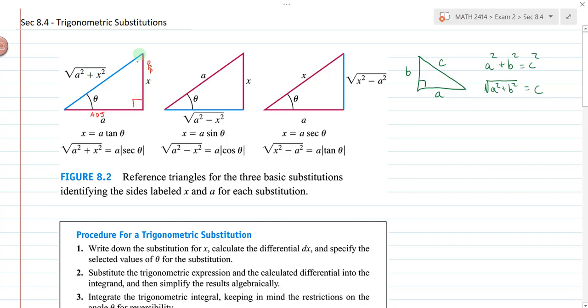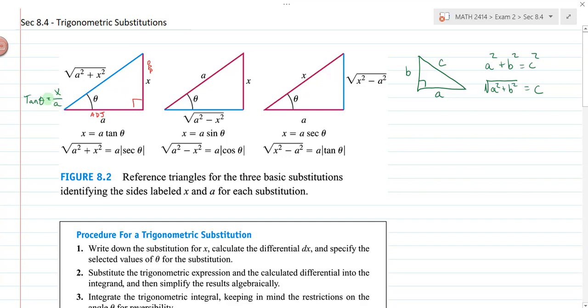And then the opposite side, we want to always let be x if at all possible. The adjacent side, we always want to be a number if at all possible. That means that if I have the sum of two squares under a radical, that will always be the hypotenuse. And then if this is my angle theta right here, I'm going to have tan theta is equal to the opposite over adjacent.